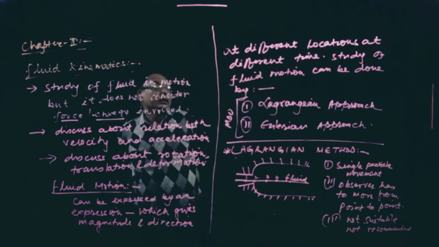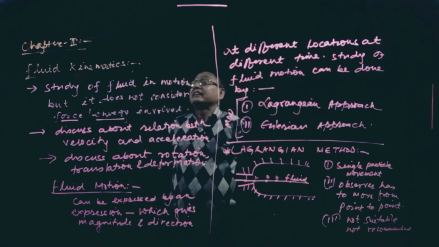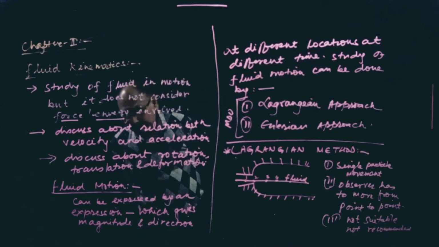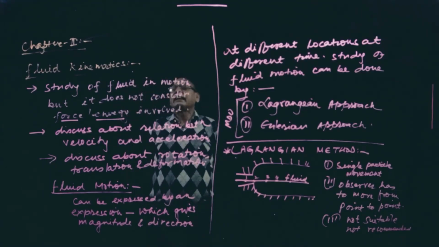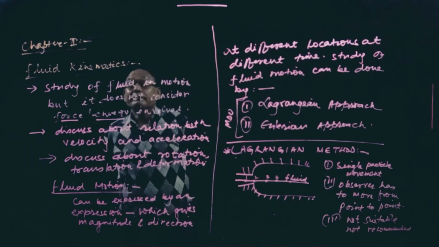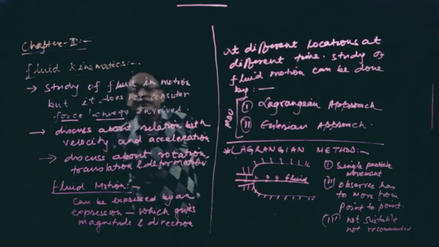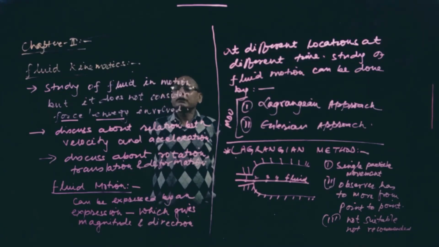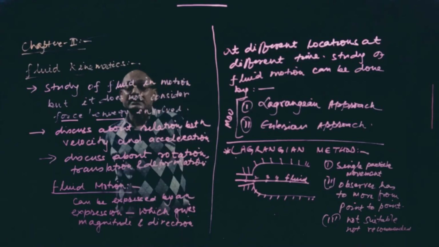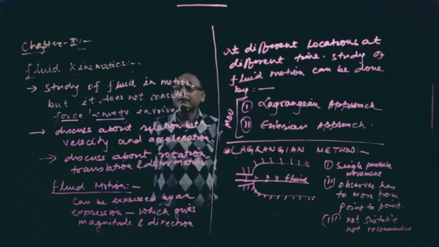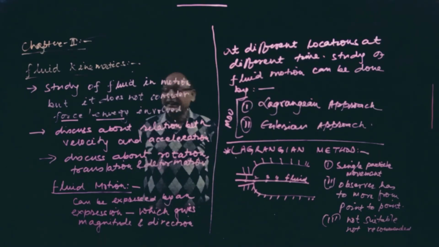Okay, so let us conclude what we have studied in this session. Fluid kinematics is a branch of fluid mechanics that discusses the fluid in motion without considering the force or energy involved therein. It also discusses the relation between velocity and acceleration.